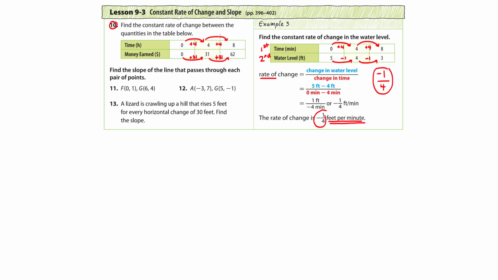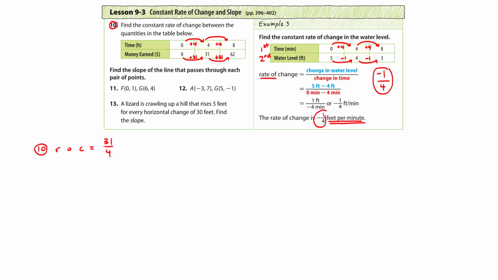And so there's my work in the table, but I'm going to come down here for my calculations for the rate of change, which I'm going to call the ROC. The rate of change is the second change divided by the first change. So I'm going to take 31 divided by 4.